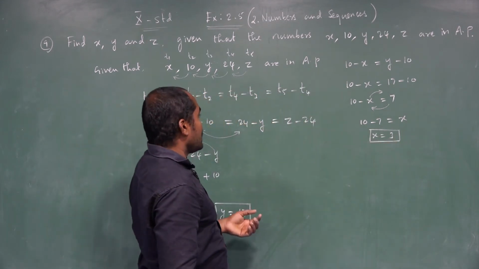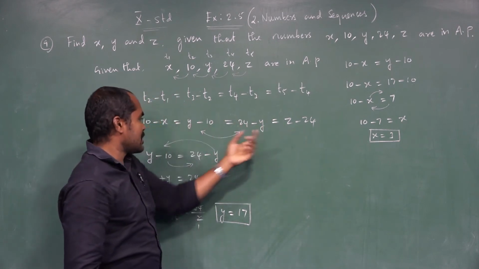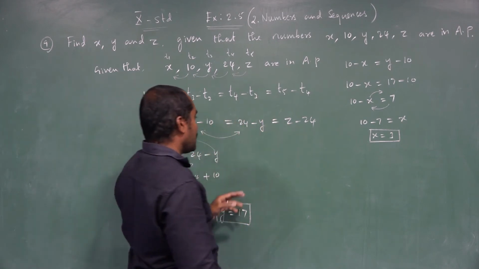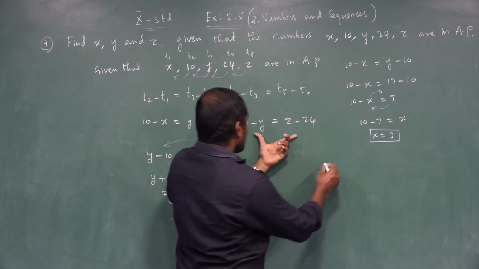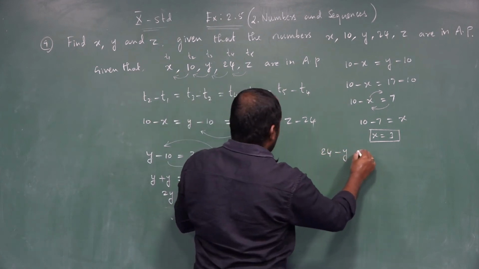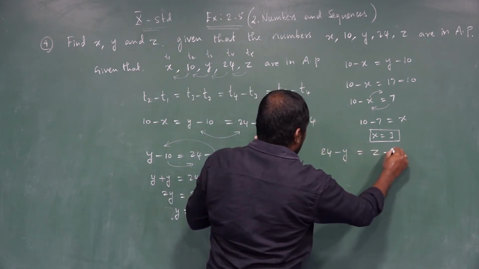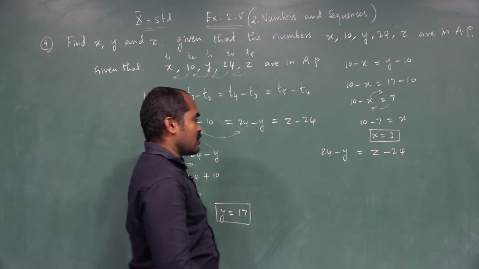So now equating third and last, or first and last, or second and last. Equate any one. I am going to equate the last two: 24 minus y is equal to z minus 24.